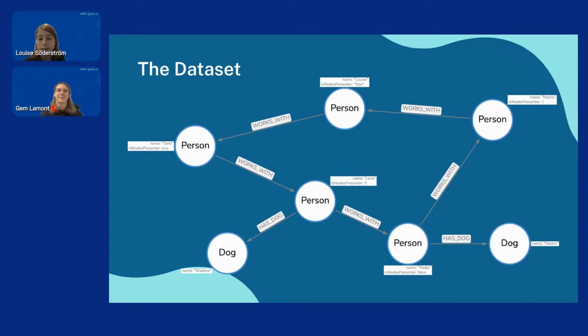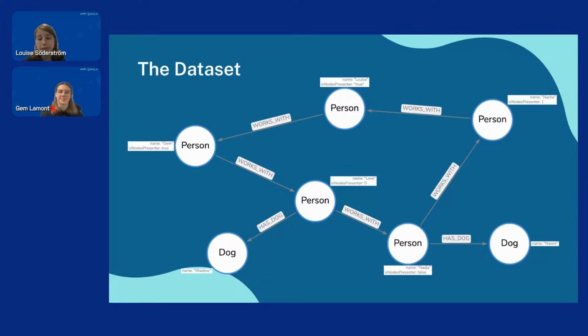This dataset contains nodes for each person, me, Gemma, and our colleagues, as well as nodes for our 2 team dogs.